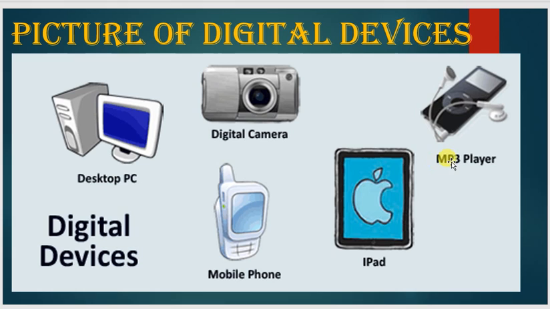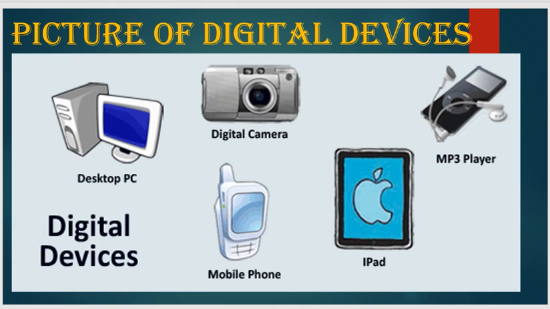Then we have MP3 players. Okay, again we have other examples. I hope you know how a projector looks from our previous lesson when we were doing output devices. Okay, we have these digital televisions that come in the flat form or flat panel televisions. They are all examples of digital devices.